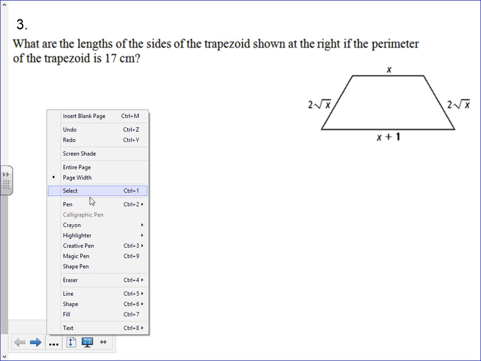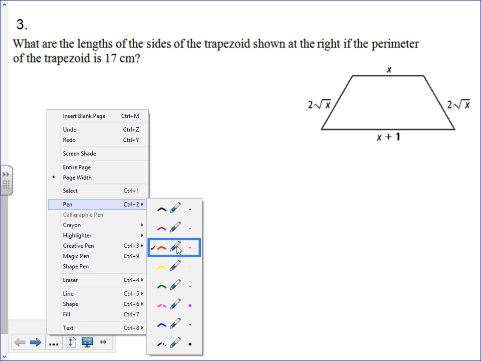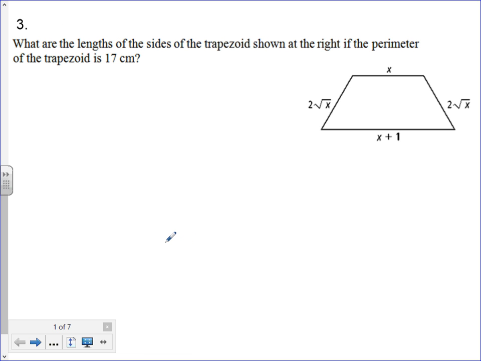What are the lengths of the sides of the trapezoid shown at the right if the perimeter... Now, a lot of y'all had Mr. Rollins for geometry, so I know you know what a trapezoid is. These two are parallel, right? And these two are what? Congruent, yep. Okay. Let's see. If the perimeter, okay, so the extra information we have here is that P equals 17 centimeters.